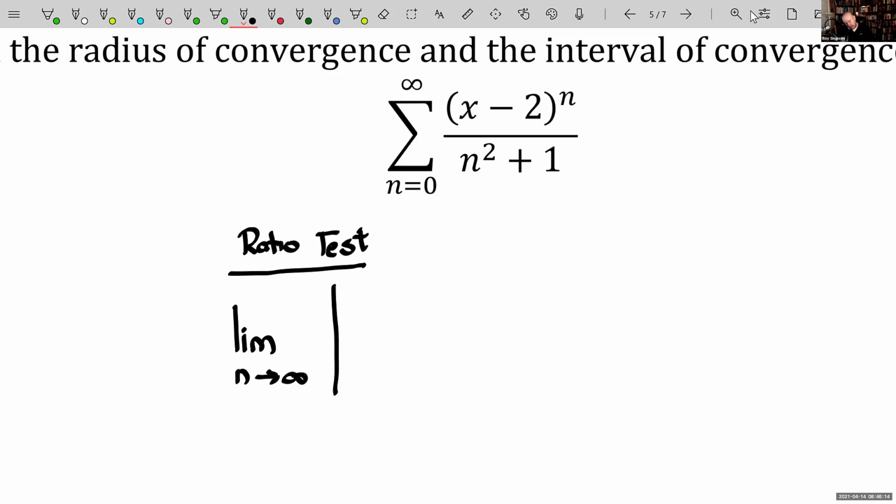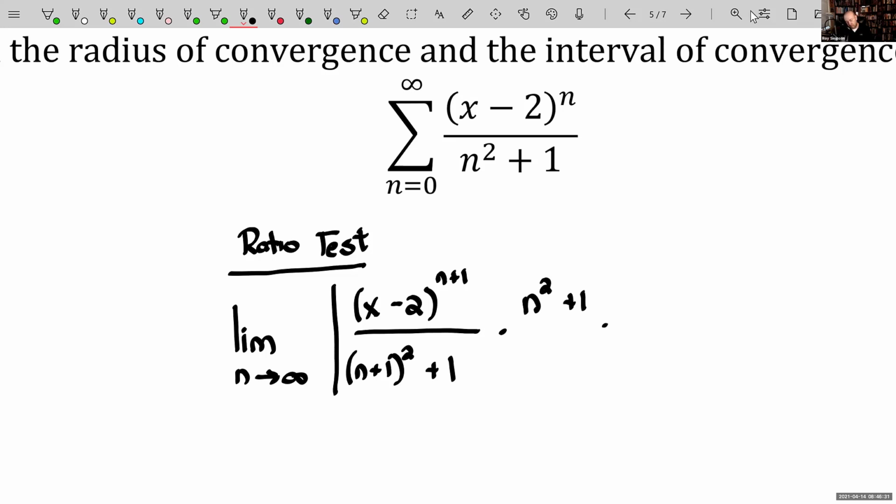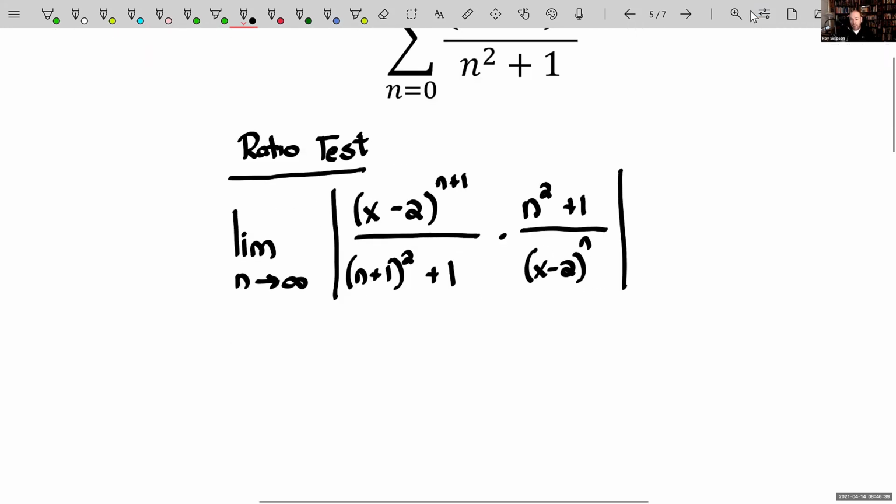Well, let's find out. We have the absolute value of the n plus first term times the reciprocal of the nth term. Now, this one is interesting.